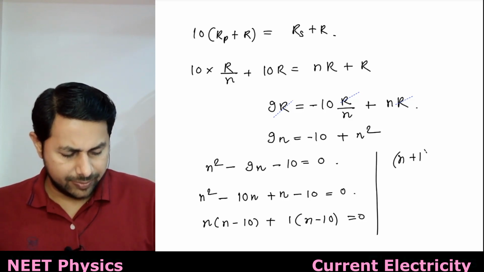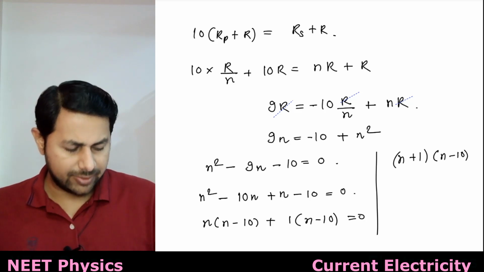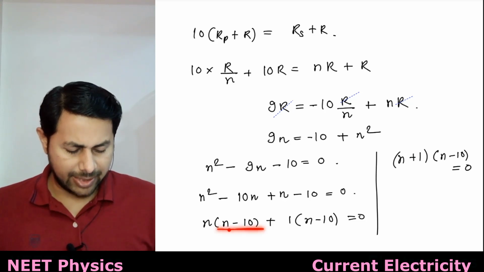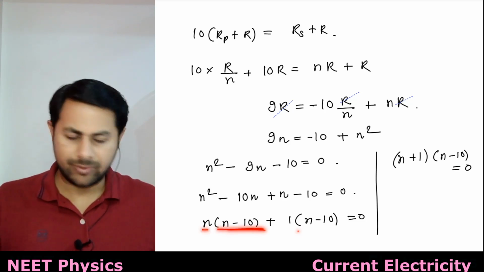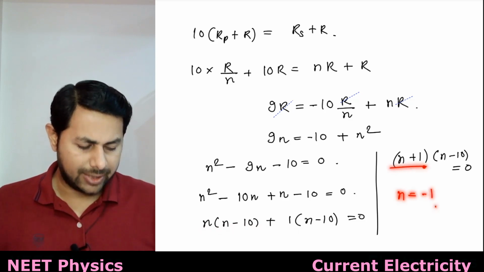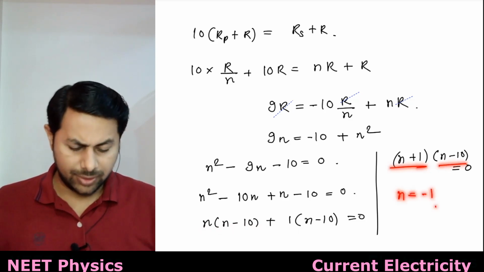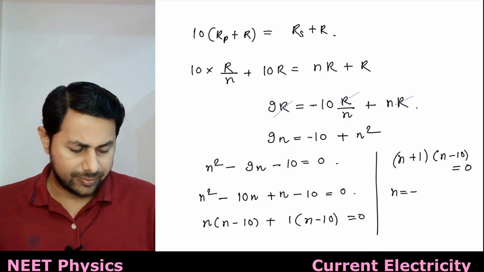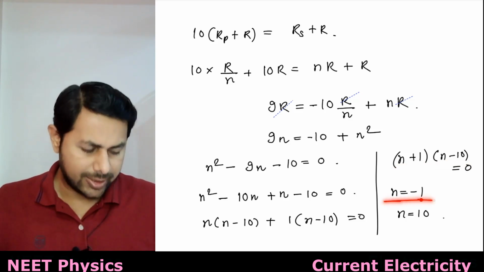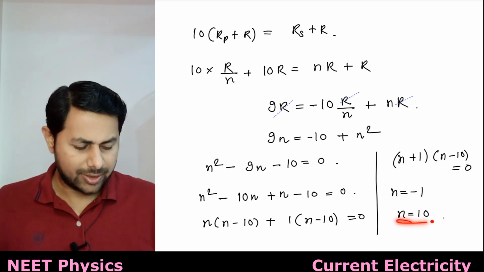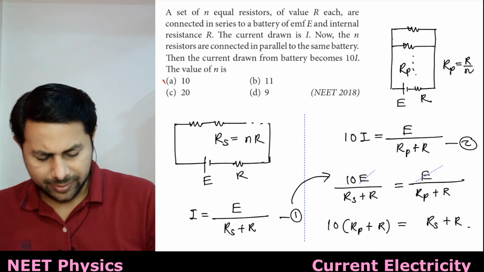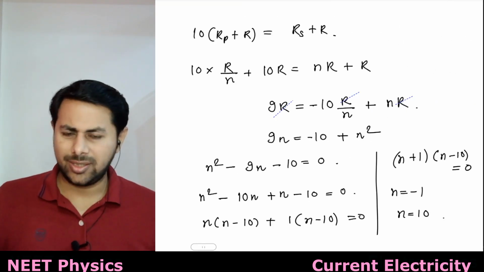If we take n minus 10 common, what remains is n plus 1. Either this term is 0 or this term is 0. That means either n is equal to minus 1 or n is equal to 10. n equal to minus 1 is not possible, so n would be equal to 10. Okay, so the answer is 10. This is clear.